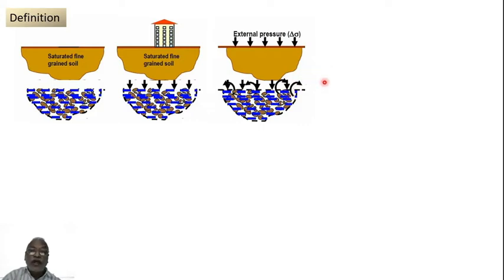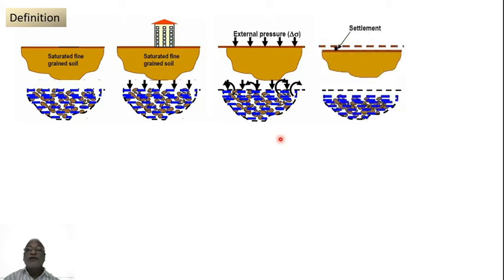When water goes out, the volume of the soil reduces, or this soil gets compressed under this load. The level which was there, now it may come down. That is what you observe here. The original level was here. Now when the squeezing action happens, the water goes out and this comes down, or the soil particles are arranged in a closer manner and the voids are reduced.